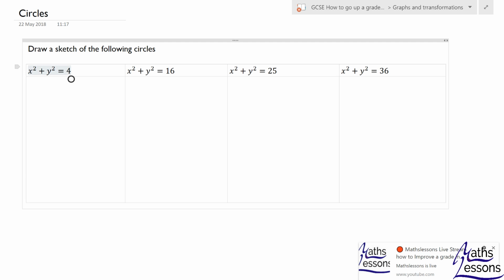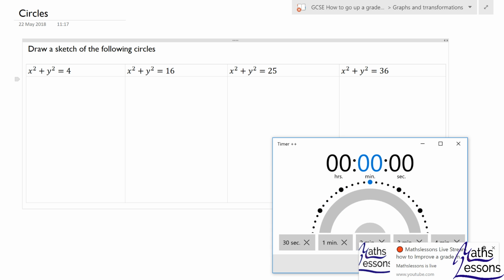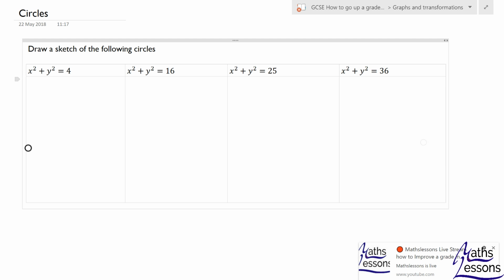I'll give you a little bit more than 10 seconds to work out what the first one was. Alright, that should have been enough time to be able to get to this circle.